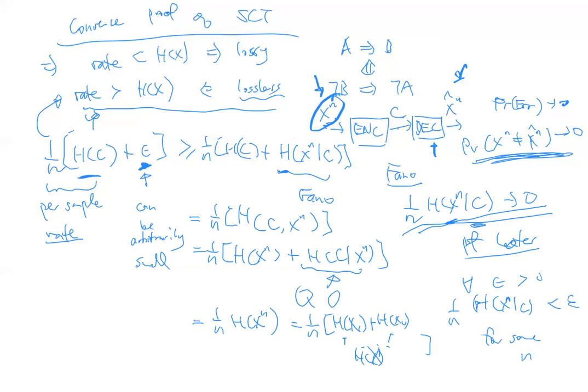Or maybe let me write it more rigorously here. I can use the chain rule: H(X1) plus H(X2 given X1) plus H(X3 given X1, X2), and so on, up to H(Xn given X^(n-1)).